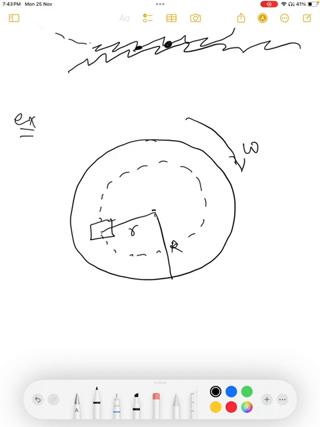Here the question is the angular velocity is omega and it is increased to omega dash. So what is the tendency or which direction would the box slip away? Would it be tangential, would it be radial or any other direction? Many options would be given. So let us see.